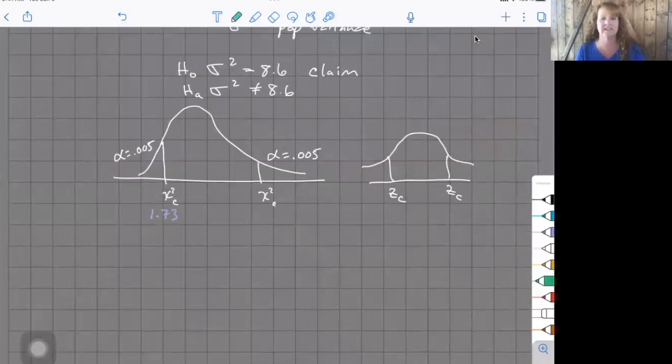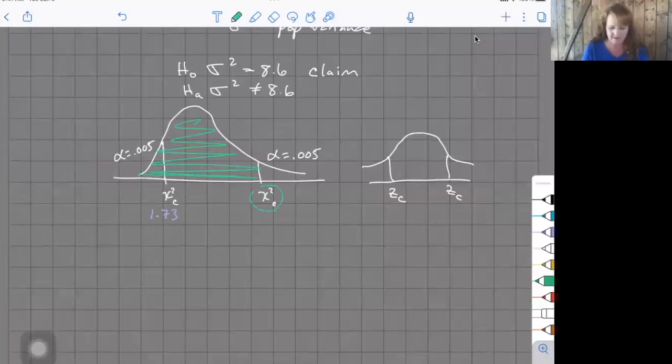Remember, inverse CDF always measures from the left. So I entered 0.005 and I got this distance there. But now I have to figure out what this distance is here to get this critical point right there. Okay, so let's do a little subtraction.